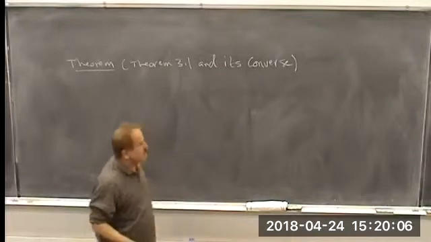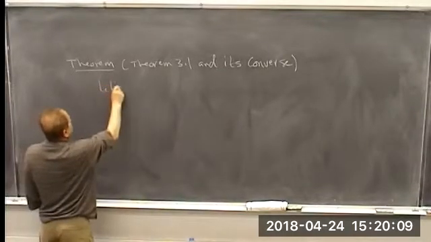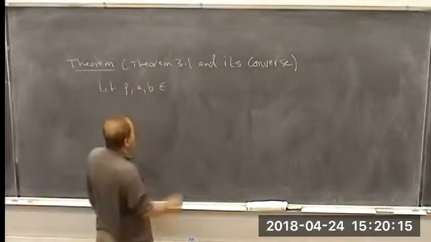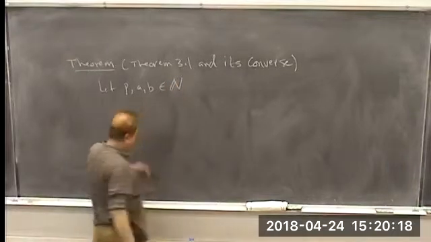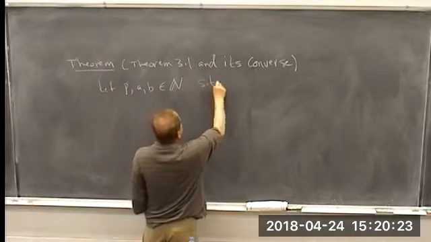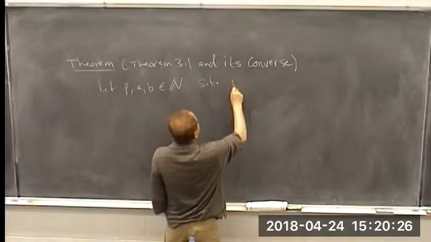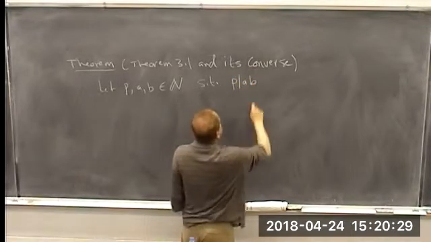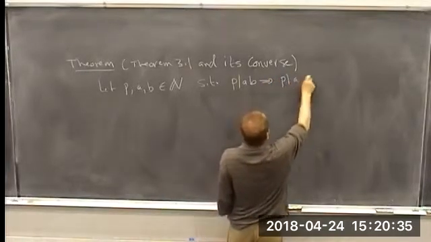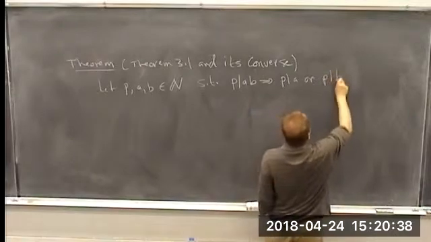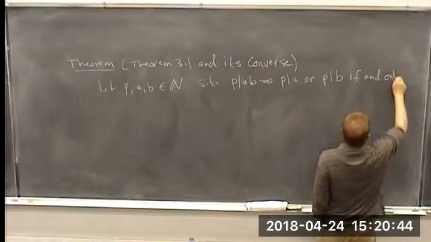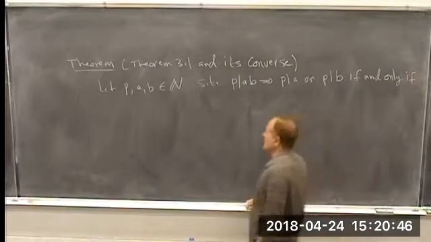And it reads like this: let A, B be natural numbers, such that P divides AB implies P divides A or P divides B if and only if P is a prime.